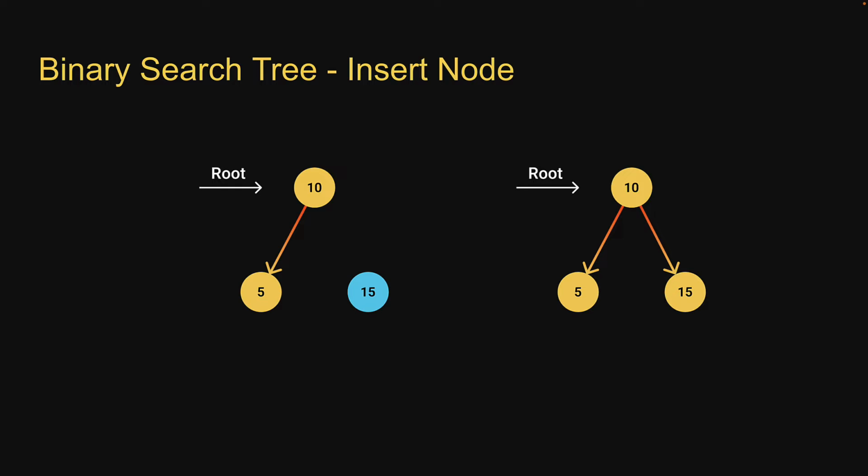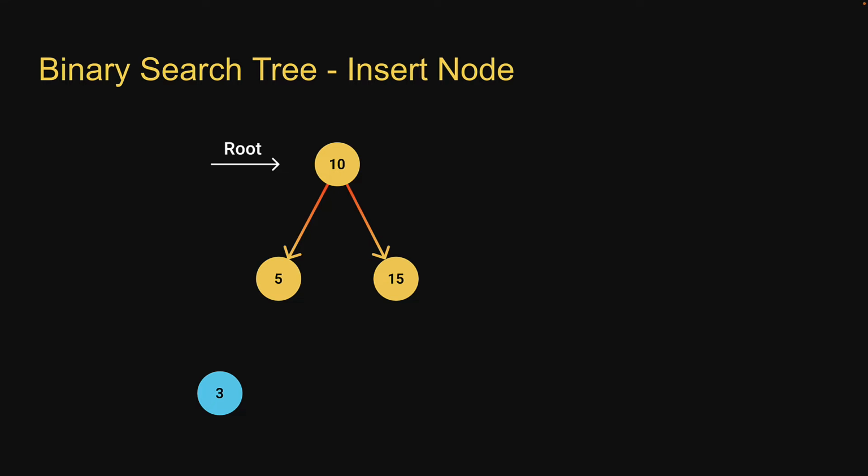However, a tree may contain more than just the root node, as is the case in our current slide. Our tree contains 3 nodes. Let's say we need to insert a new node with a value of 3. Here is how it works. We check if 3 is less than 10. It is, so we focus on the left side of the tree.